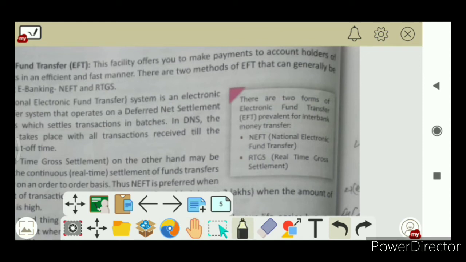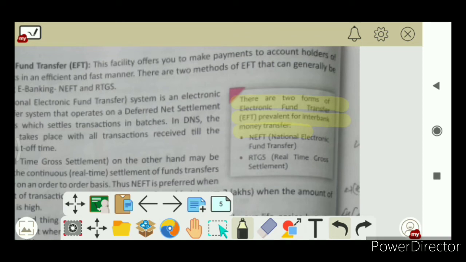We can see here there are two forms of electronic fund transfer: EFT, relevant for interbank money transfer. It means EFT is used from one bank to another bank. For example, if you want to transfer money from Union Bank to Punjab National Bank, you can use EFT, electronic fund transfer.